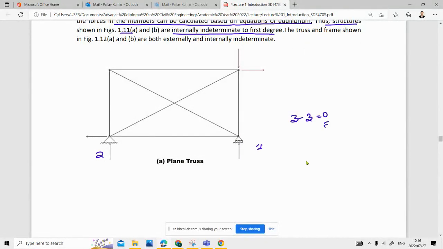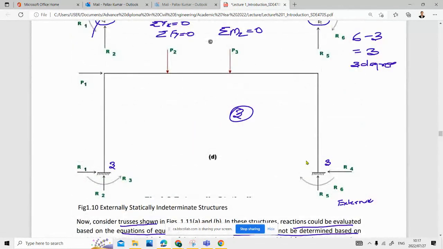So externally this structure is perfectly fine, right? But if you want to find out the forces in these members, now the problem is with these members. For the beam, you don't have a problem. If you get all these forces, you start finding out the member forces.